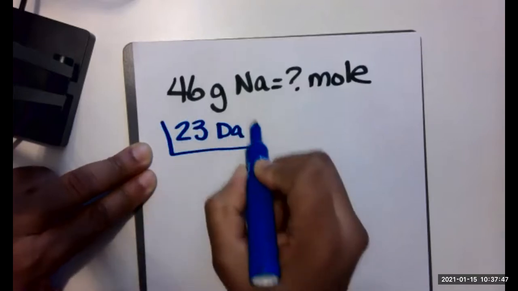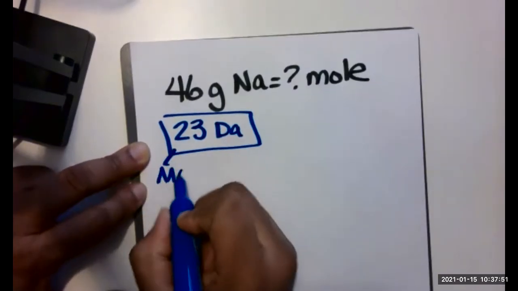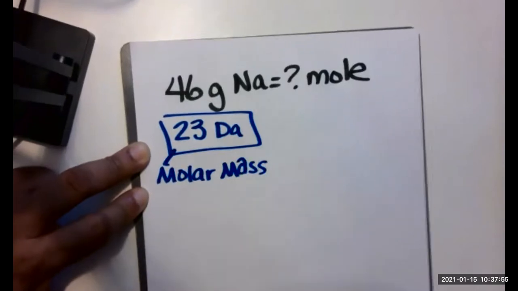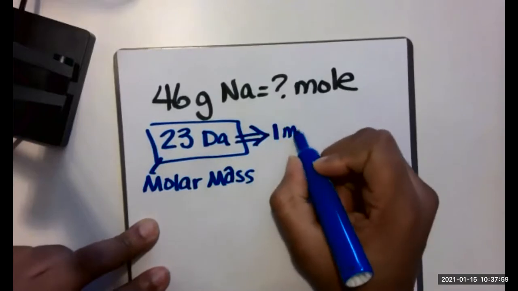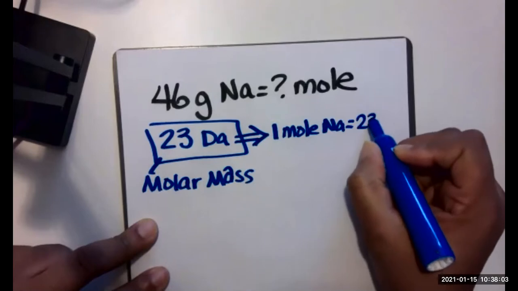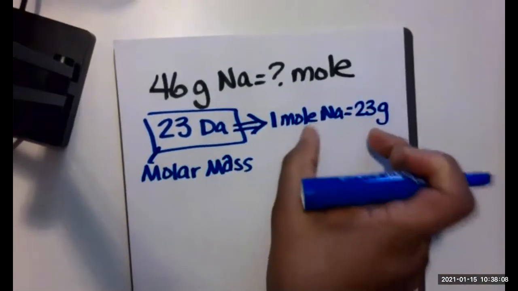So I have 23 as my molar mass, my atomic mass of sodium. So what does that mean then? That means that 1 mole of sodium equals 23 grams. That's my equivalence.